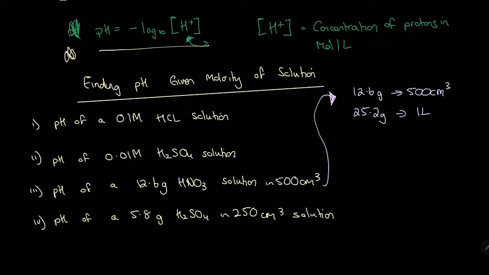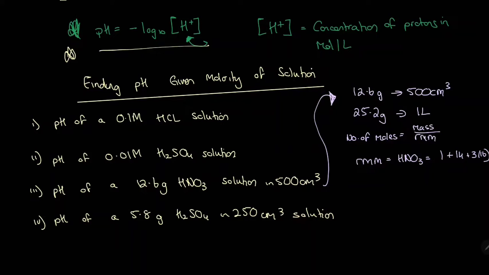To convert from mass to moles, we have this formula here. Number of moles equals mass over relative molecular mass. And the relative molecular mass of our nitric acid would be a 1 for the hydrogen, a 14 for the nitrogen, and 3 times 16 for the oxygen.